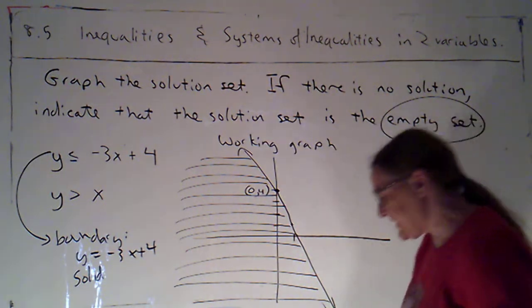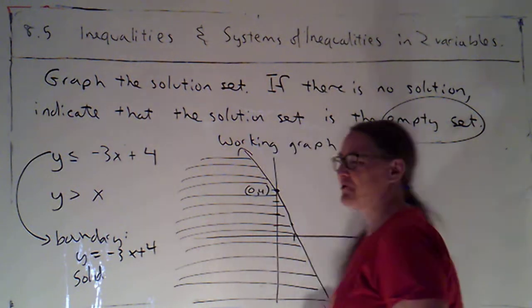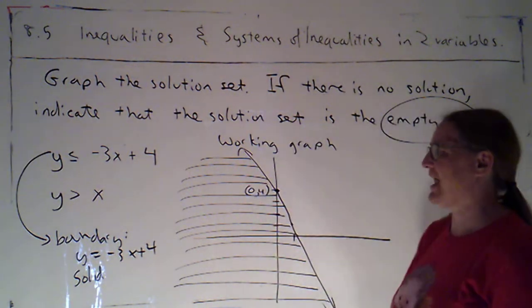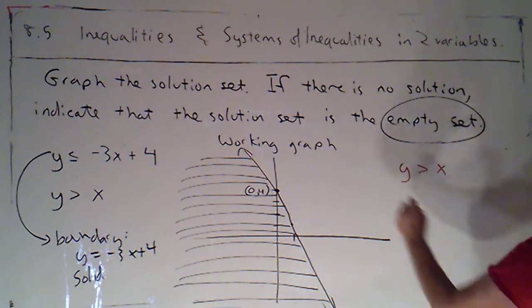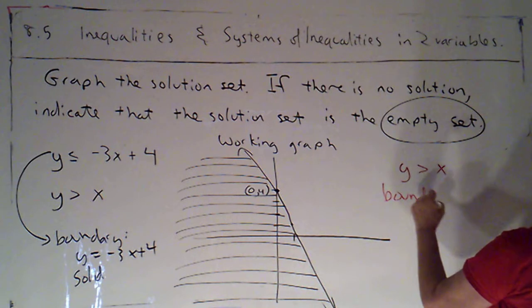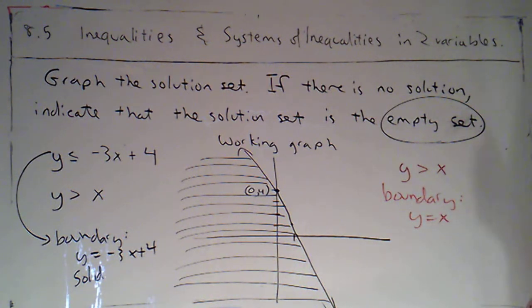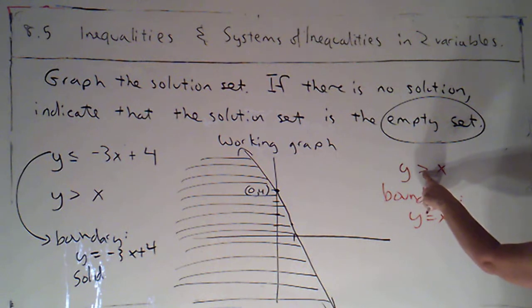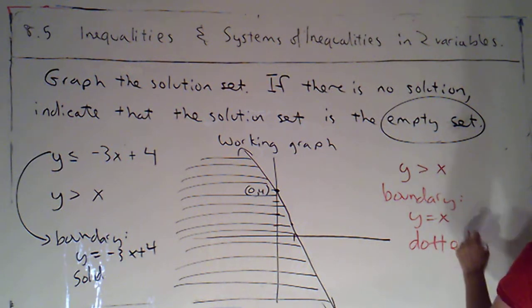Now, I'm going to graph the next one using red so that it's a little bit easier to read, because this starts to get busy when we have all of this information. So if I'm sketching y greater than x, my boundary is the line y equals x, but this time it's a strict inequality, so I'm going to graph that as a dotted line.